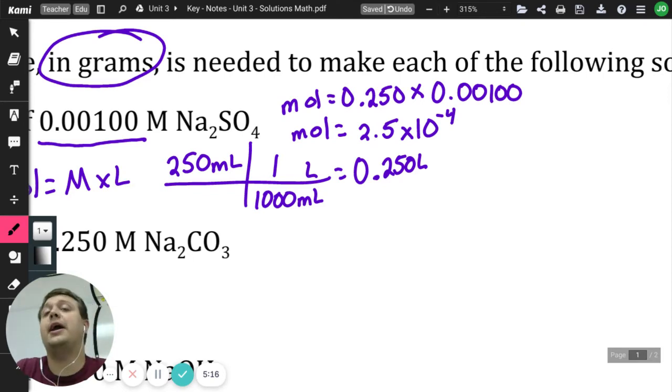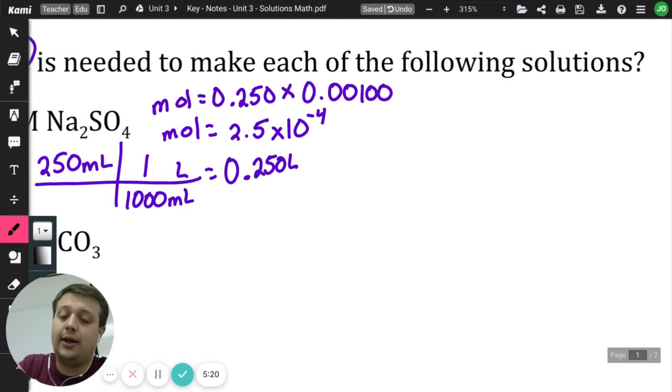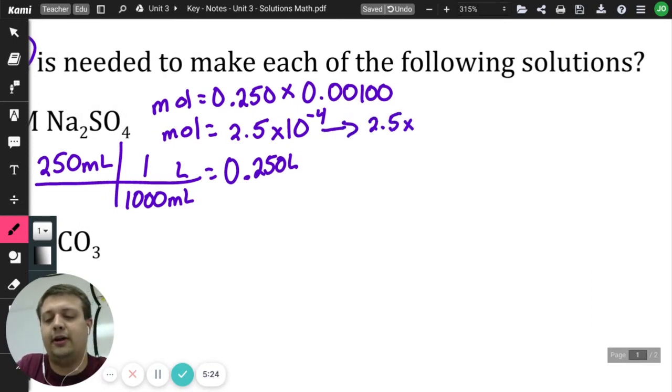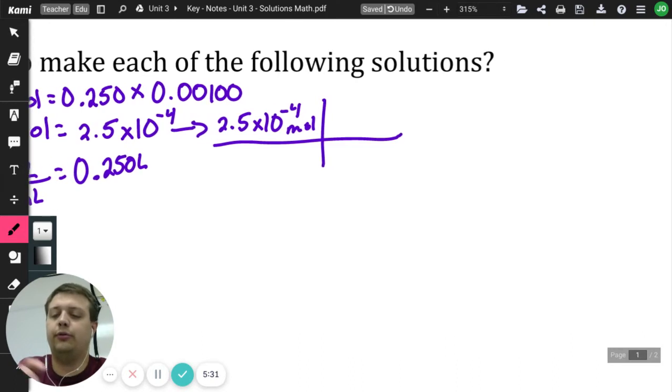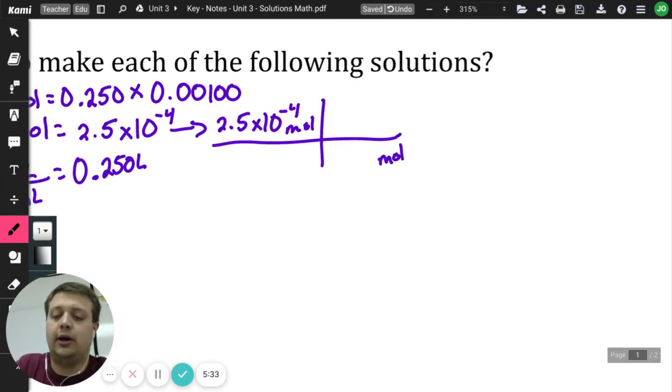Okay? So that would be how many moles I have. But the question asks for grams. So now I need to take this number, 2.5 times 10 to the negative fourth moles, and I have to convert that moles into grams. We do that using our molar mass.